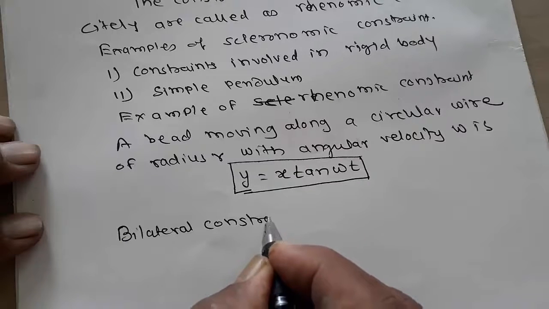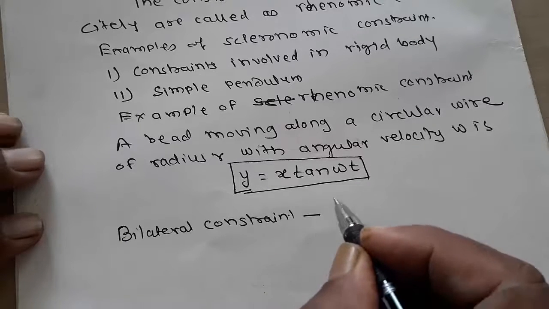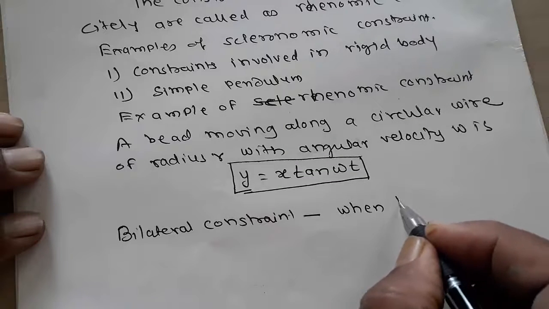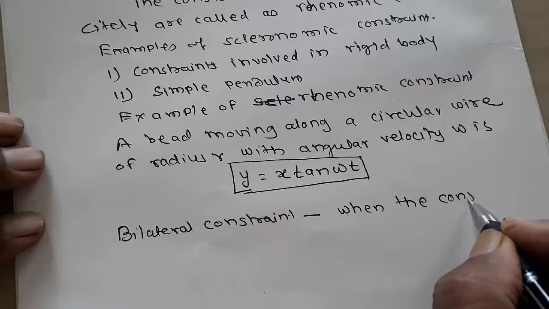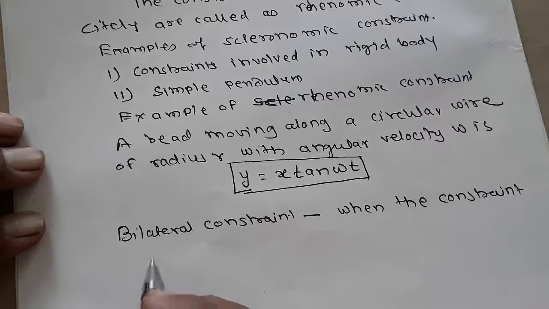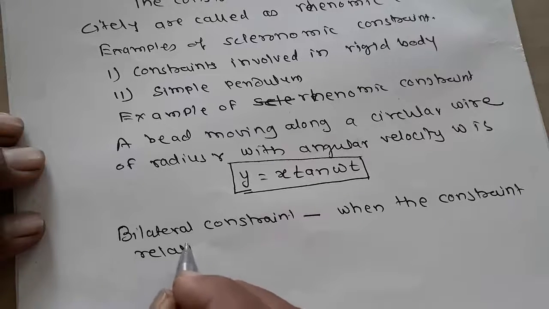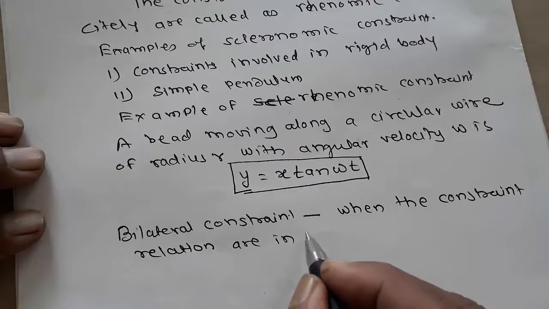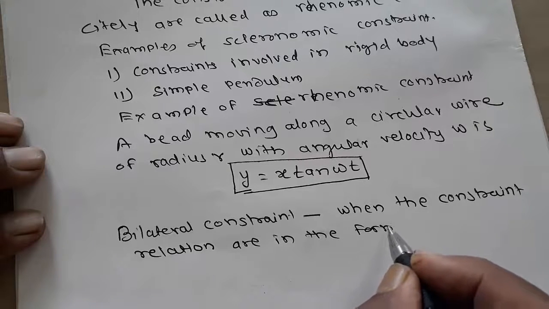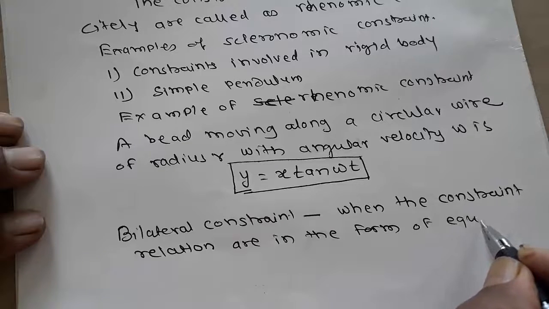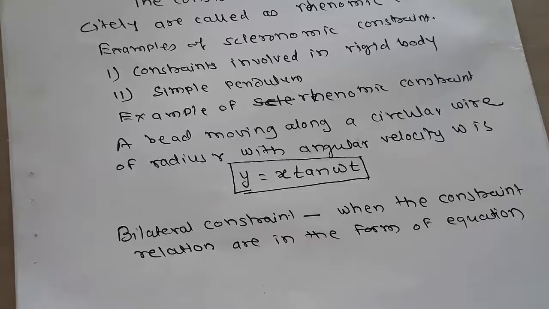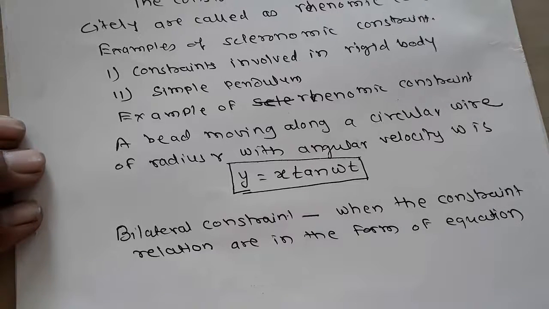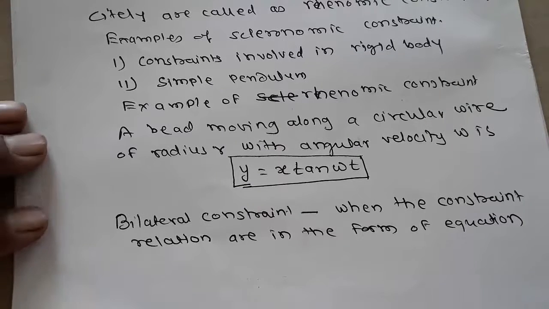When the constraint relations are in the form of equations, then such constraints are called bilateral constraints. That means in a bilateral constraint there is an equality sign.